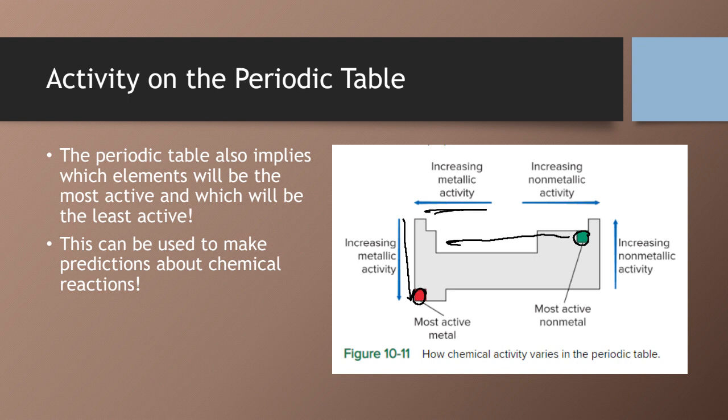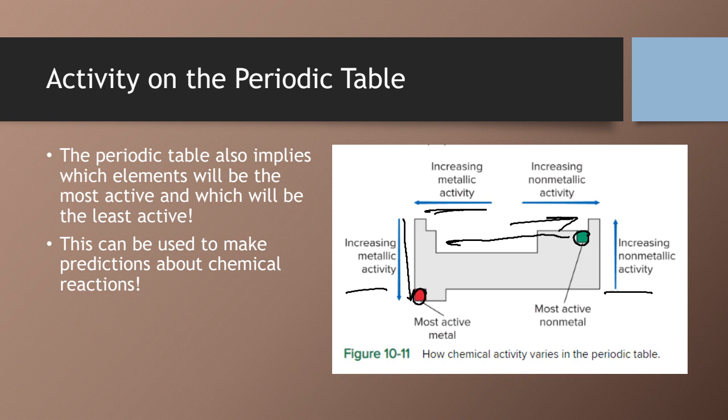As you go to the right, a decrease in metallic activity, or a decrease in activity, essentially. As you go down, there's an increase in metallic activity, but a decrease in non-metallic activity.